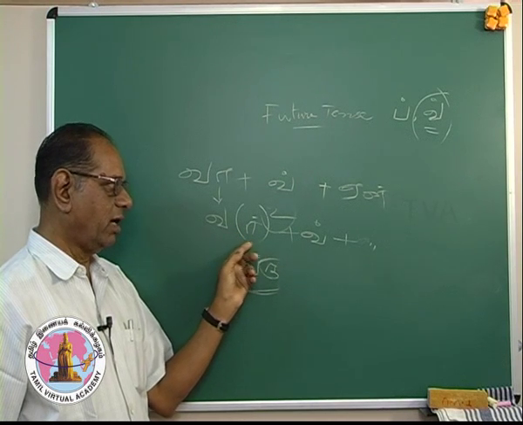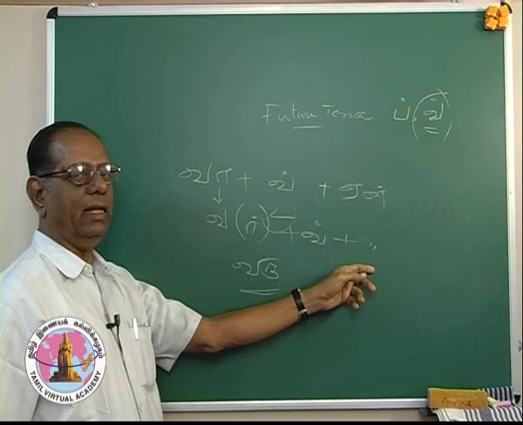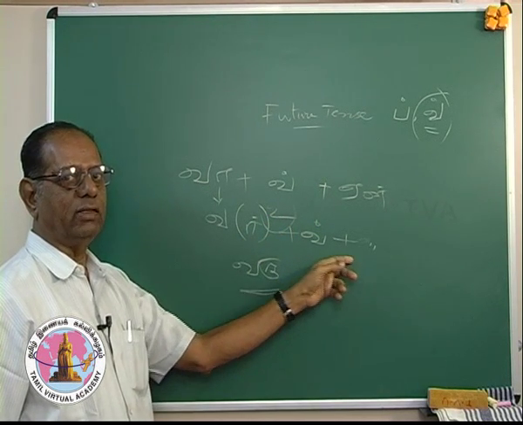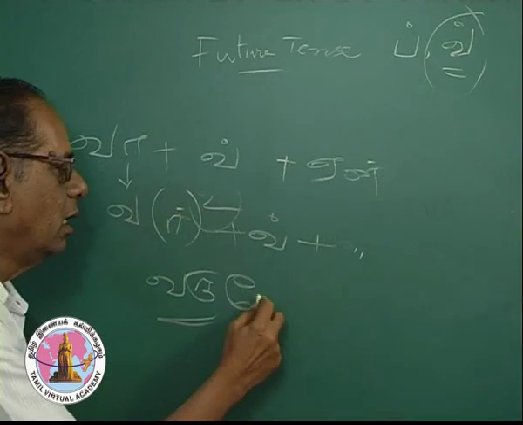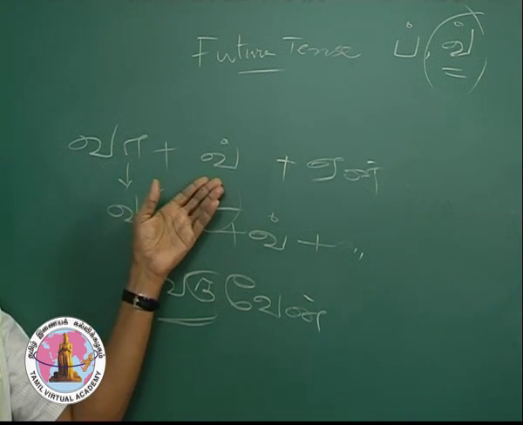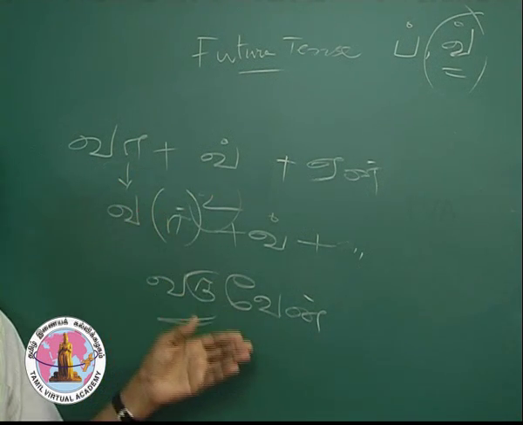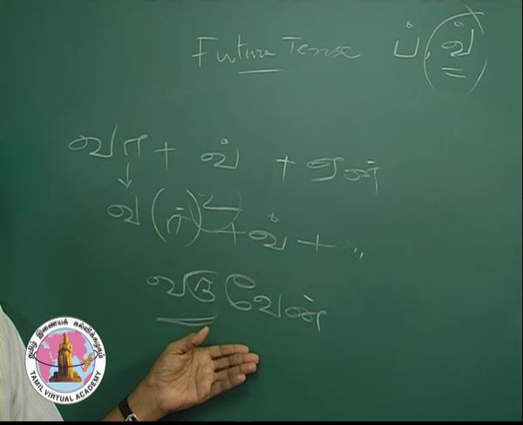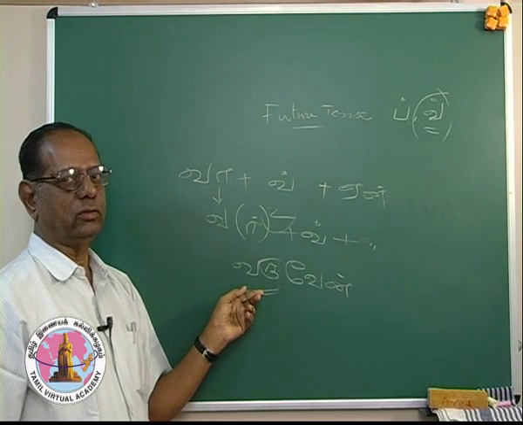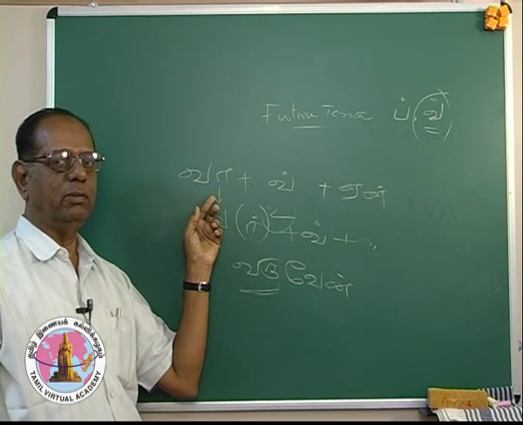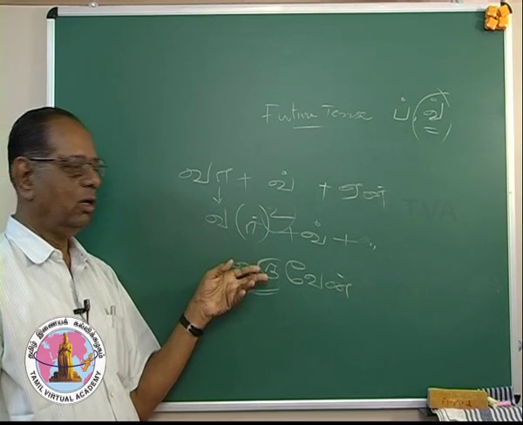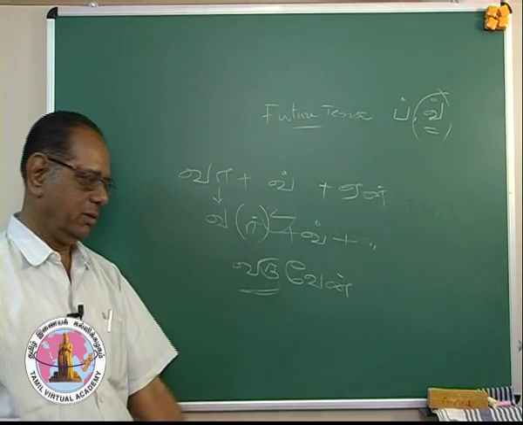So, va, r, var plus u plus n. Then u is introduced, it becomes varu, u plus n. Like present tense, the future tense also undergoes the normal change. So, va is a peculiar verb which undergoes two changes while accepting the tense marker.